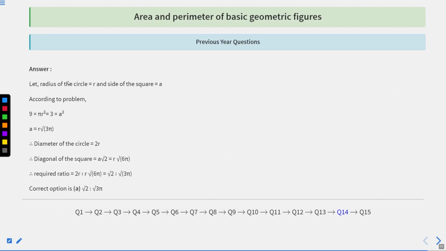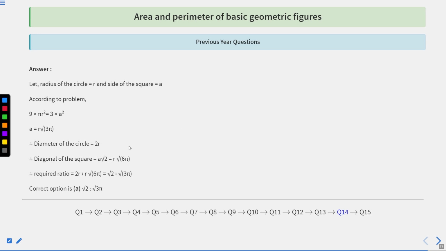Let us denote the radius of the circle by r and the side of the square by a. According to the problem, 9 pi r square will be equal to 3a square. So a is nothing but r under root 3 pi. Therefore, the diameter of the circle will be 2r because r is the radius, and the diagonal of the square is a root 2. That's the formula to find the diagonal of the square.